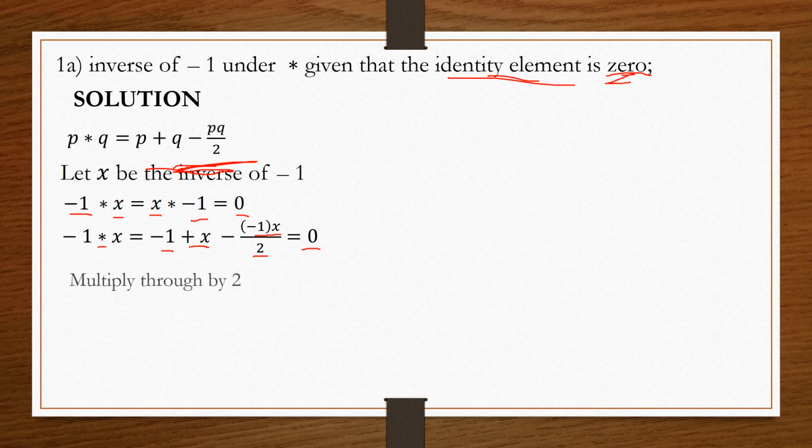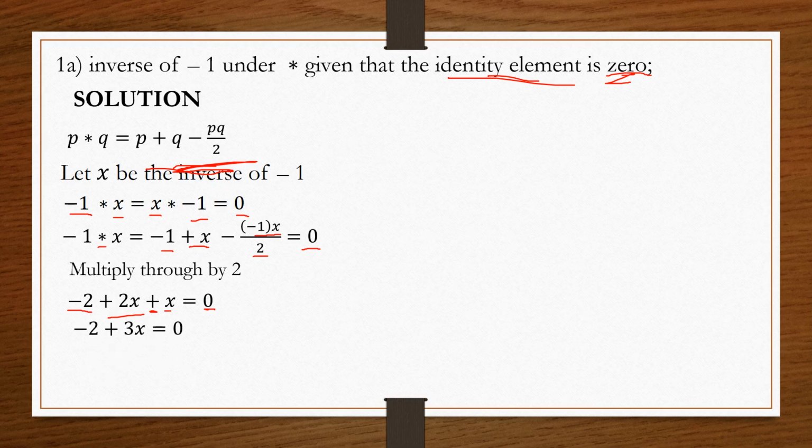We multiply through by 2 to simplify: 2 times minus 1 gives minus 2, 2 times x gives plus 2x, and the minus times minus gives plus, so we have plus x. The 2 cancels the denominator. Adding like terms, we have minus 2 plus 3x equals 0.